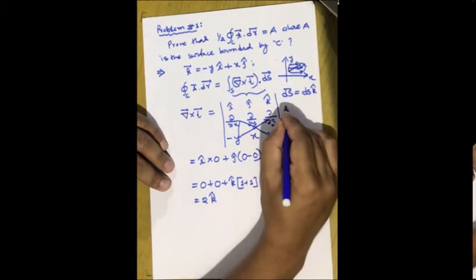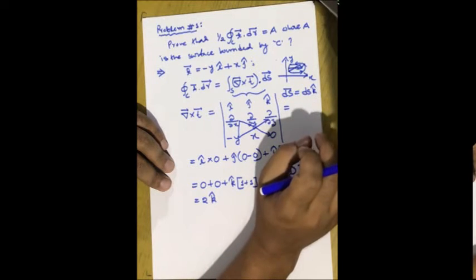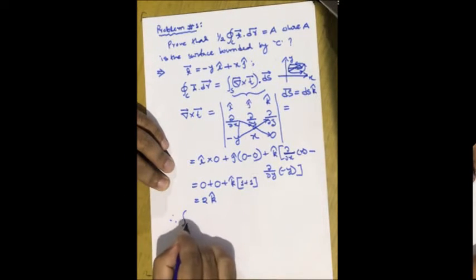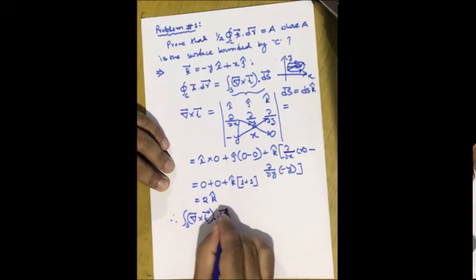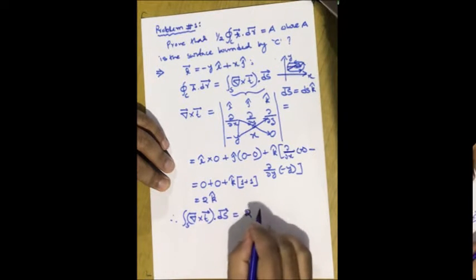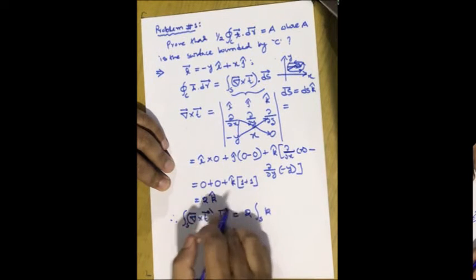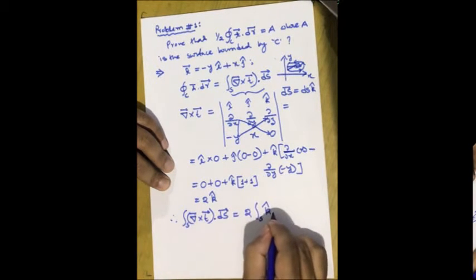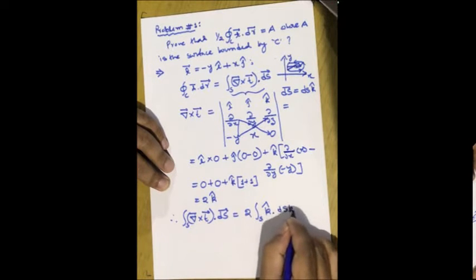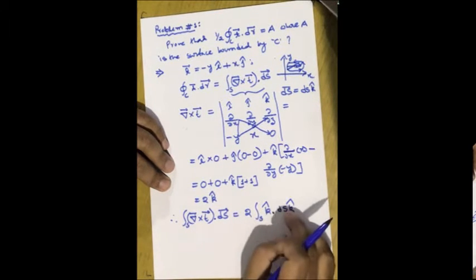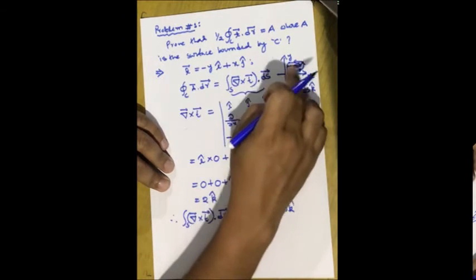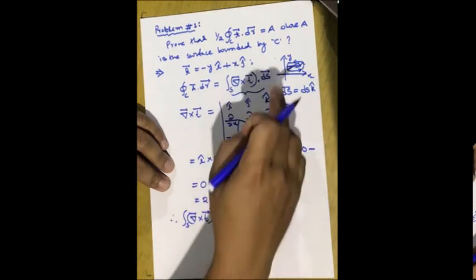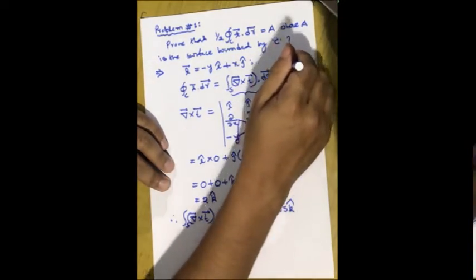Therefore the surface integration of del cross T vector dot dS vector is equal to 2 times the surface integration of k cap dot dS k cap, since del cross T is 2 k cap. dS is the magnitude and k cap is just the direction. Why k cap? Because the vector is in the xy plane, therefore the closed integral will be in the xy plane and its normal will be in the z direction.